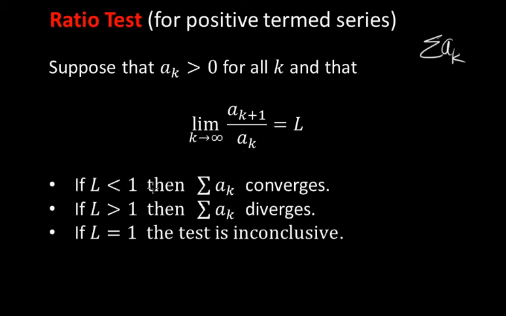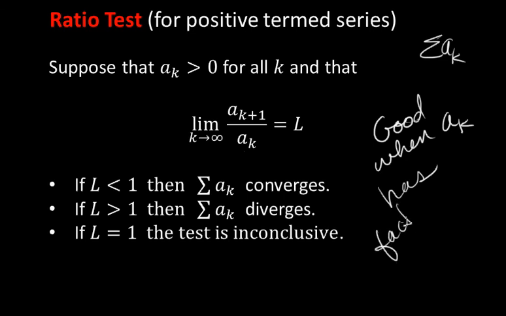The best way to memorize this test is to just use it. It works especially well. Let me write a note to you here on this. It's really a good test when a sub k has factors of k factorial.